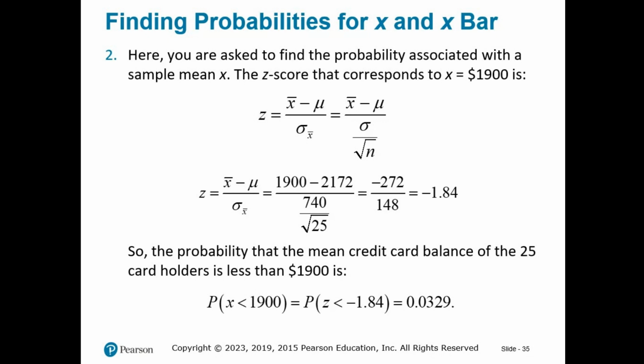When we plug those amounts in, we get negative 1.84. Now we put this into the calculator similarly to the last one, using the normal CDF formula, with a large negative number for the lower bound and negative 1.84 as the upper bound, and we get 0.0329.